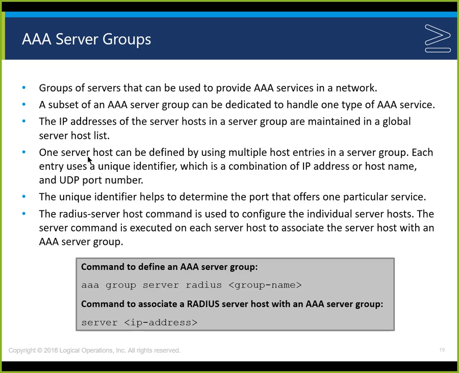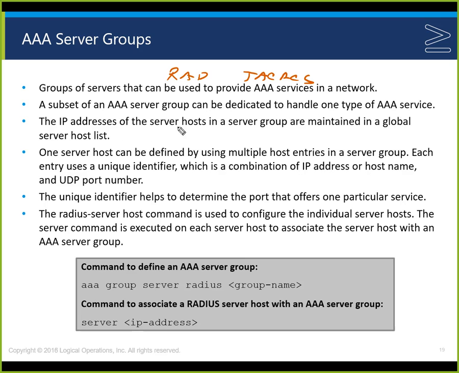Server groups. Groups of servers can be used. Groups of AAA servers can be used to provide the AAA services, and we have to have them all the same, either Radius or TACACS. A subset of the server group can be dedicated to handle one type of service.